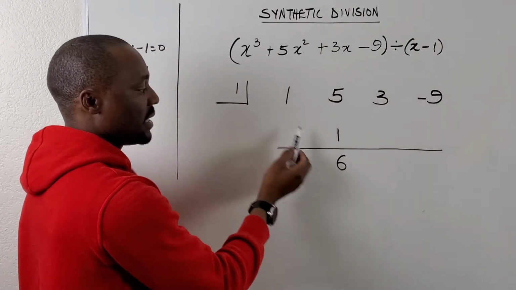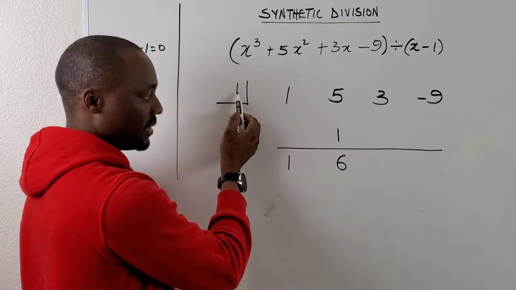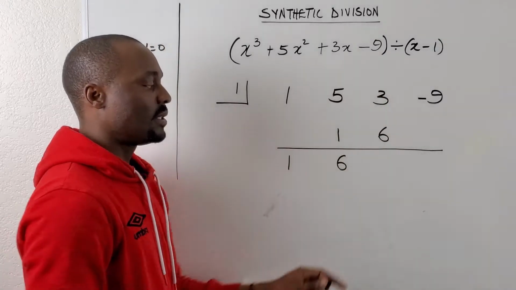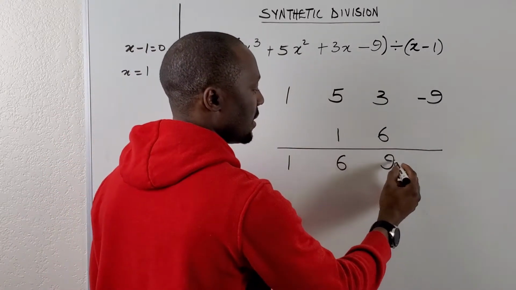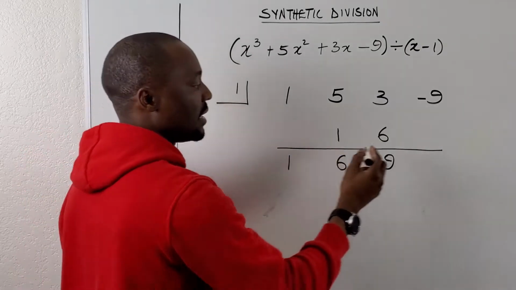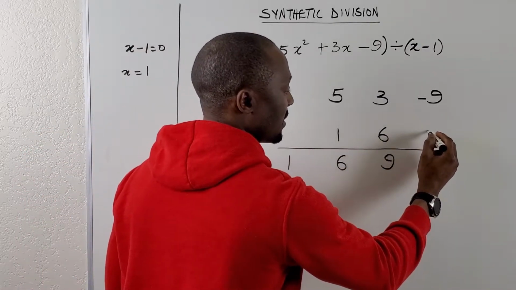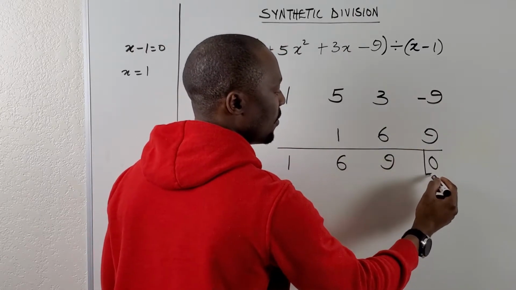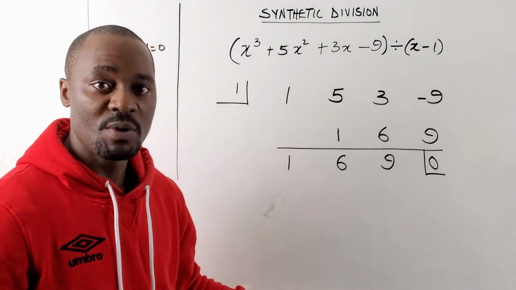We multiply 6 by 1, we get 6, and you write the answer here. Then you add 3 to 6, you get 9. Now you multiply 9 times 1, you get 9. When you add negative 9 to 9, you get 0. So we get another situation where there is no remainder.